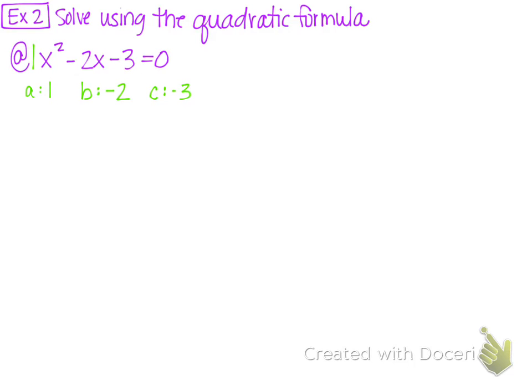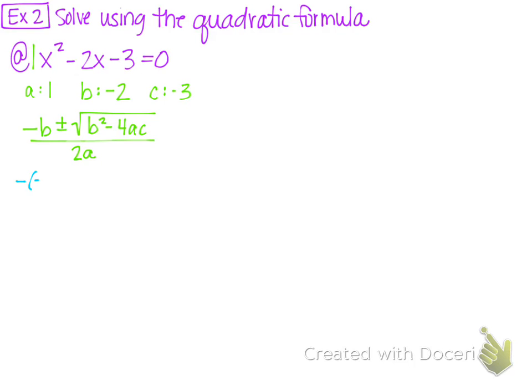Now we're ready to plug in the formula. I'm going to rewrite the formula so that we can have it handy. Negative b plus or minus the square root of b squared minus 4ac all over 2 times a. So let's plug into this guy. So we have the negative from our function, but then we also have a b that is negative 2.